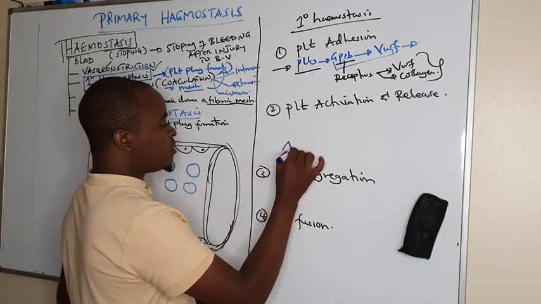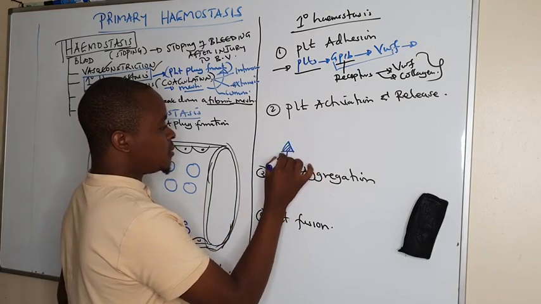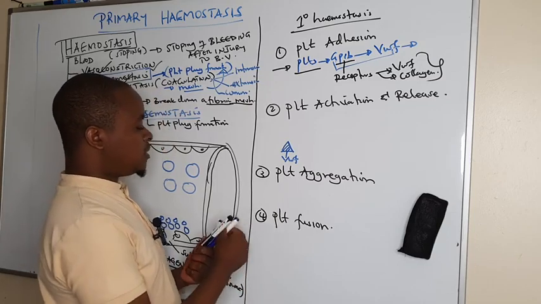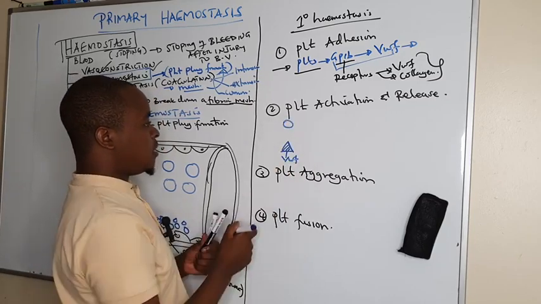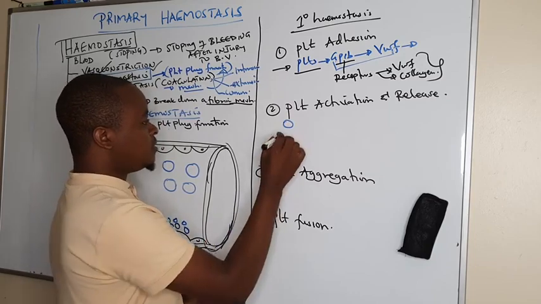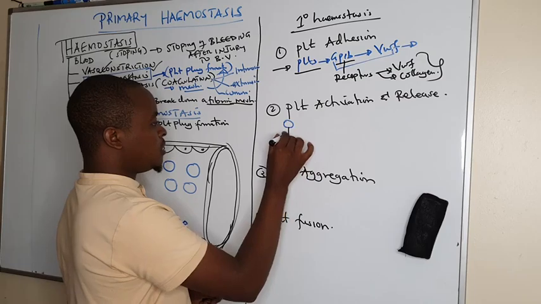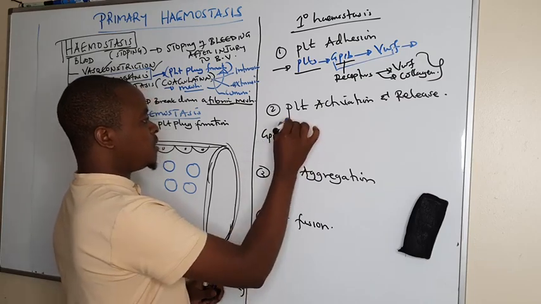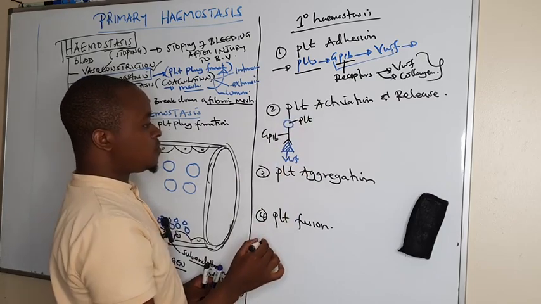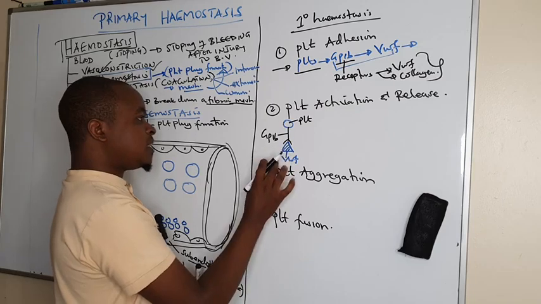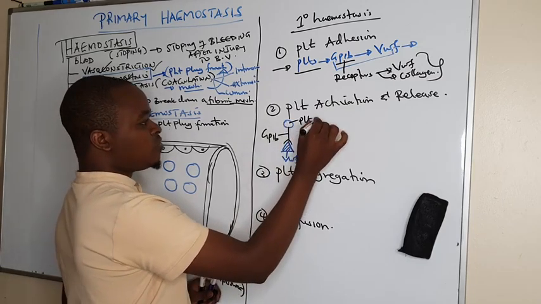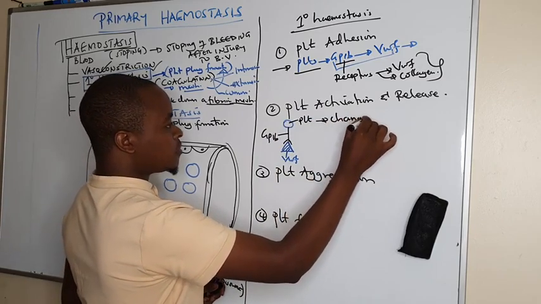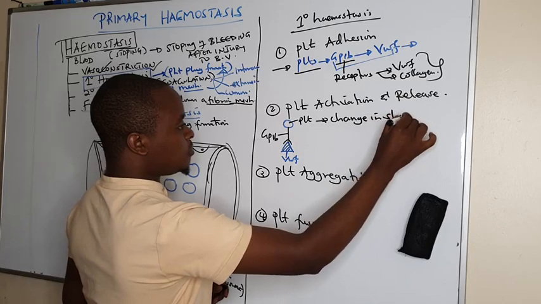If I have a von Willebrand factor, and this is the platelet, which has adhered using glycoprotein 1b, after this adhesion the platelet will change shape.